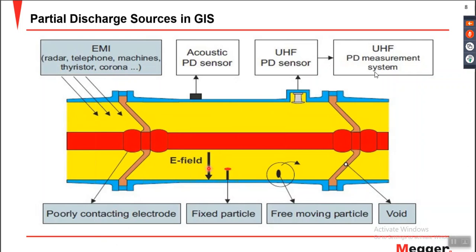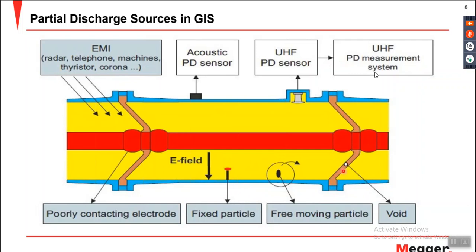Then, during the installation stage, if any particles are left inside, like I showed in my earlier slide, such as a very small burr of aluminum, it is as good as a free moving particle or a fixed particle inside the GIS, and it can generate a good amount of partial discharge signals. Then, as we have hard insulation, we have insulators inside the GIS.